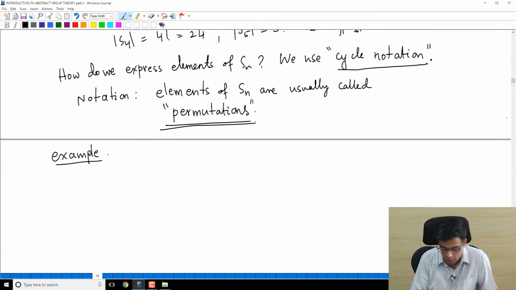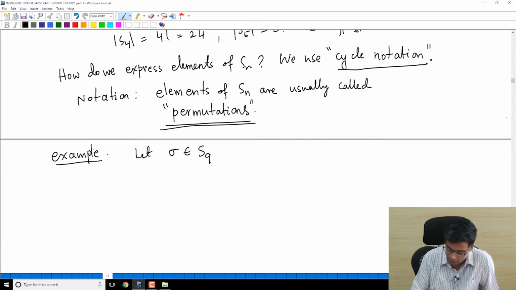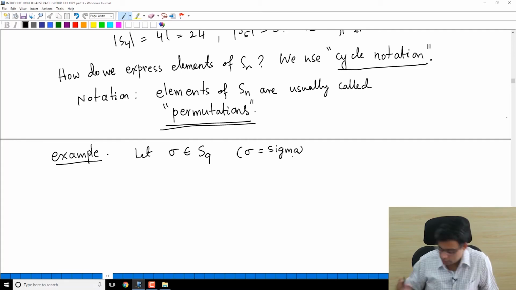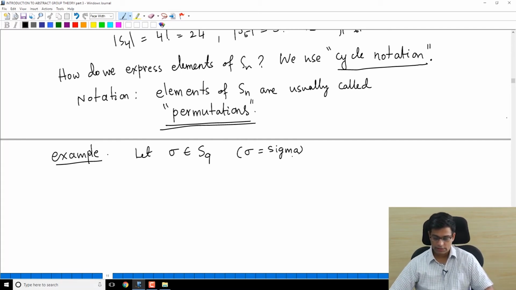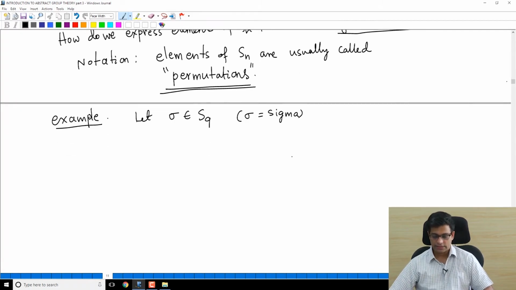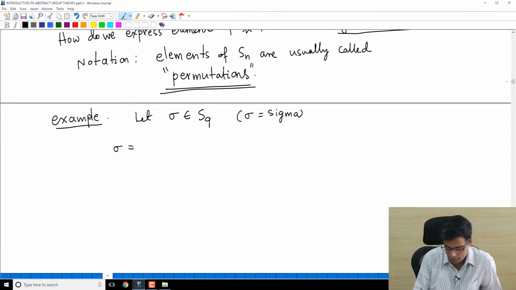So let's take a permutation, and I'm going to denote this by sigma. I'm going to use these Greek letters. So sigma is an element of S9. So it's a permutation on n letters. Okay, what is this? So let's use one particular way of writing this.